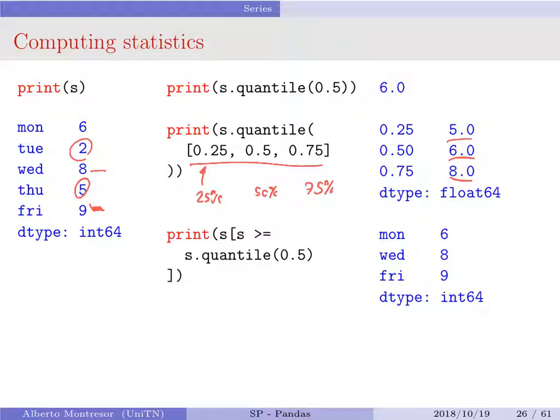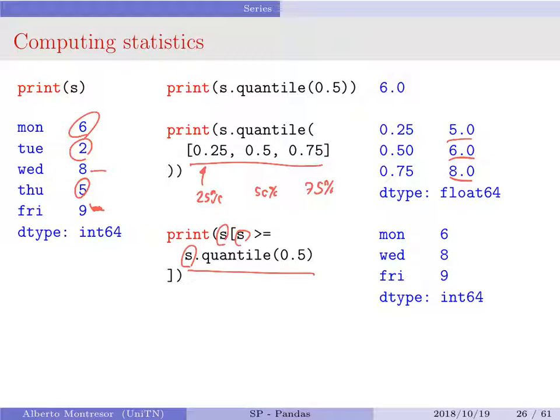And note that you can combine this in a very complex way, because you see here we have S three times. So first I would like to compute the value in the median position, okay? And this is 6.